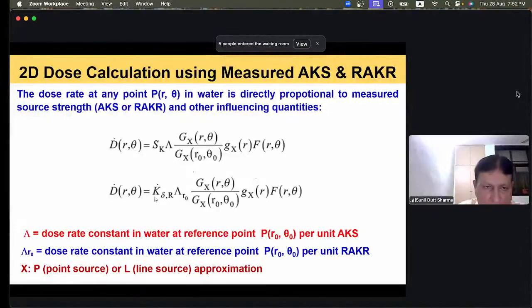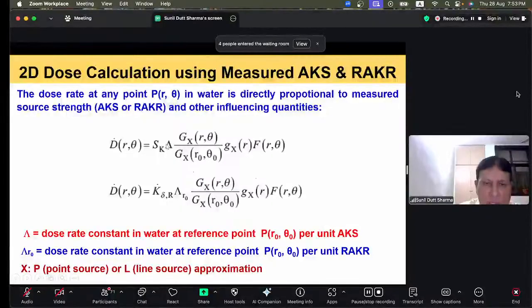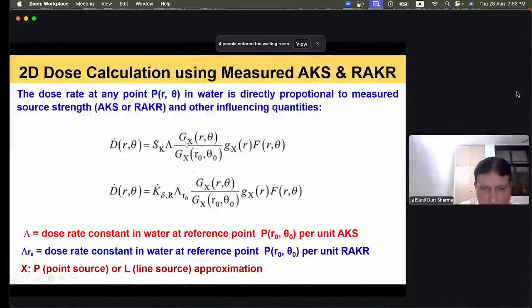So here TRS 492 recommends the use of modified or updated information. Here you can see the dose rate at a polar point (r, theta) is equal to the air kerma strength measured by the user, times the dose rate constant either provided in literature or measured by the user, then the geometry function G_X. X stands here for: if the source is small and your calculation distance is such that the source looks like a point, then you can have the point source approximation.